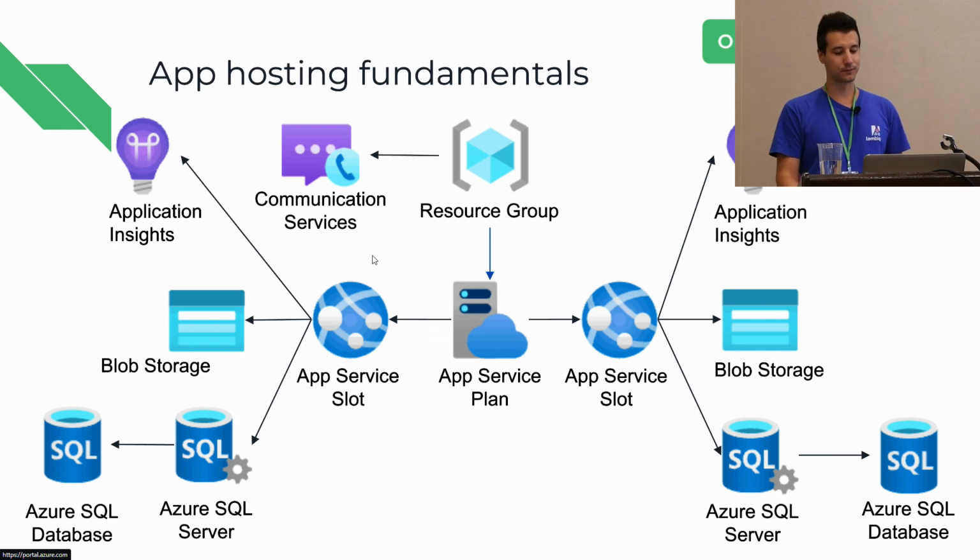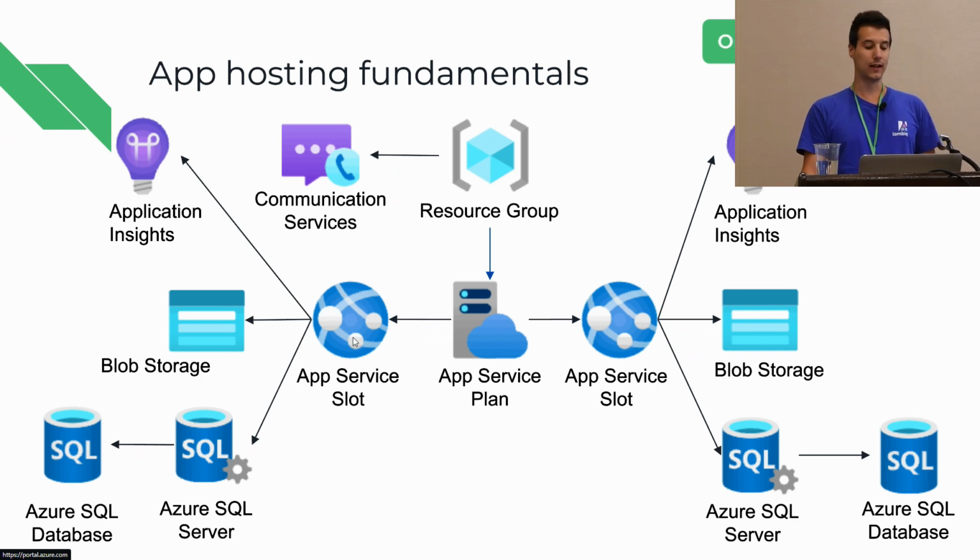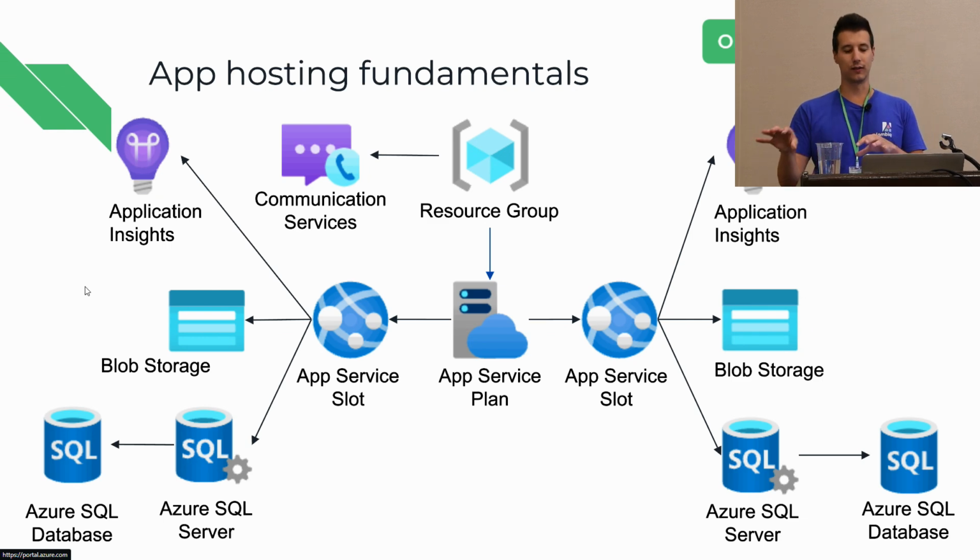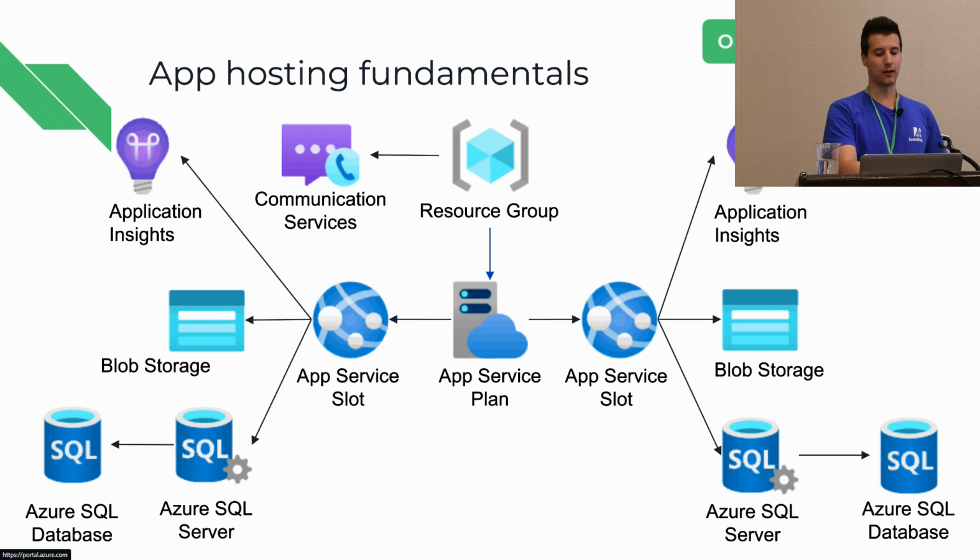And that's what we usually do. We have a staging app service slot, and it also has its own separate resources, because obviously we need to look at the telemetry separately. You could actually use the same blob storage and just use different containers within that blob storage for all the environments, and that's also true for SQL Server and to some extent databases too.